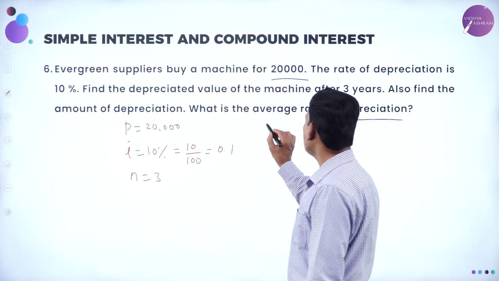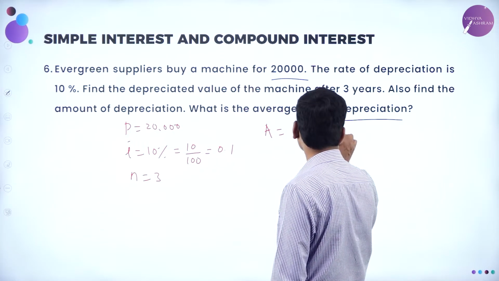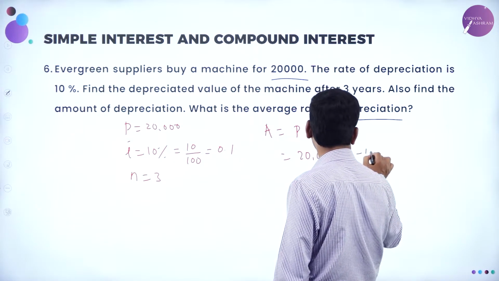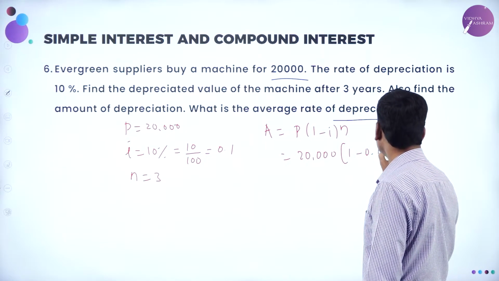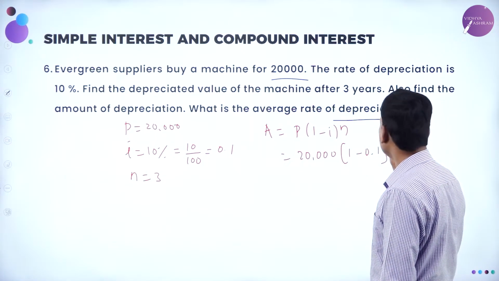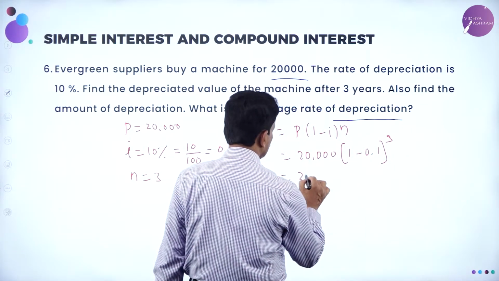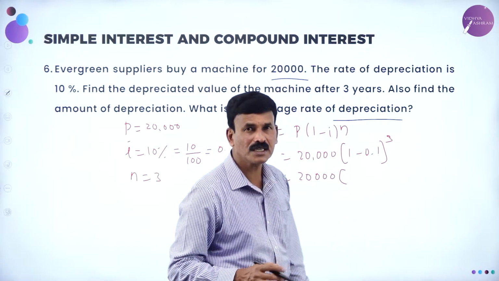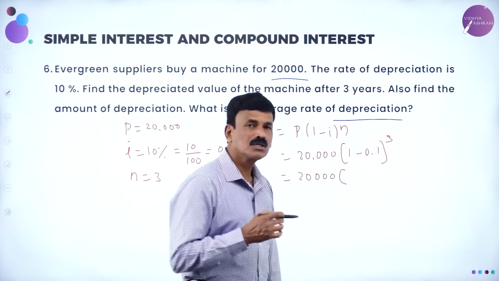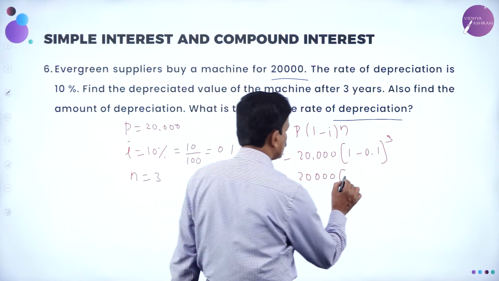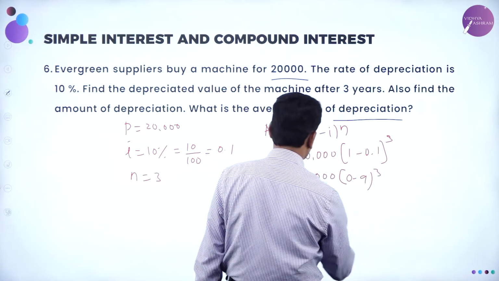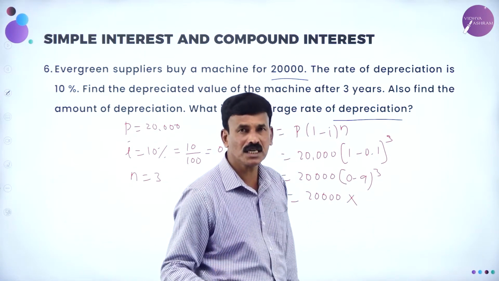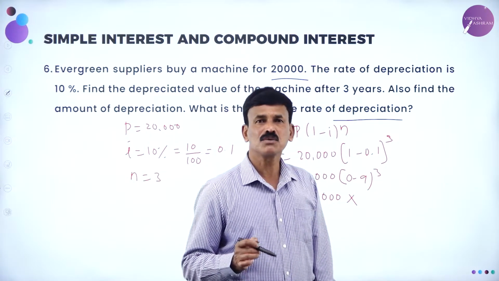Now the formula for the amount is equal to P into (1 minus I) to the power of N. What is the principal? 20,000 into (1 minus I), where I is equal to 0.1, to the power of N, and N is equal to 3. So 1 minus 0.1 is 0.9. 0.9 whole cube, that is 0.9 multiplied 3 times, you are going to get 0.729.